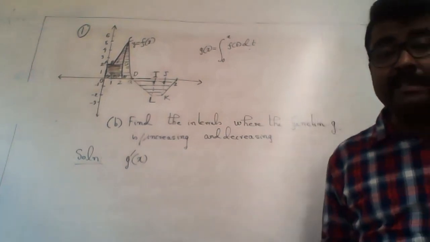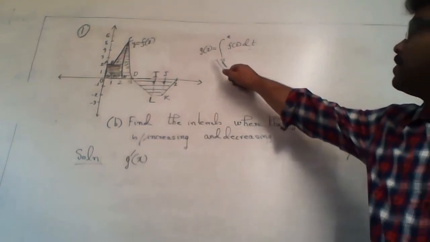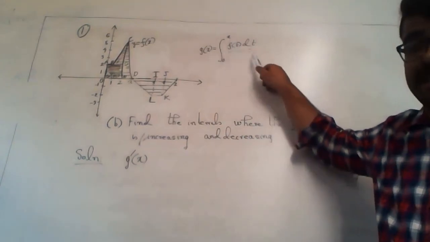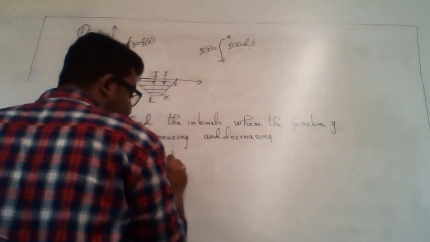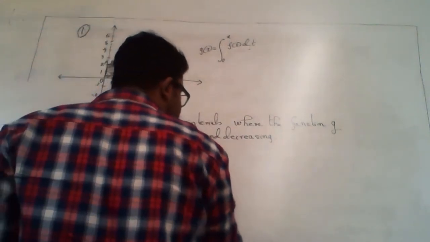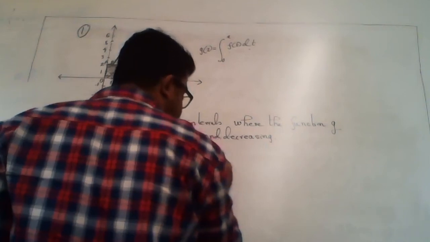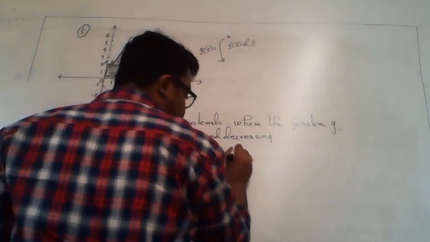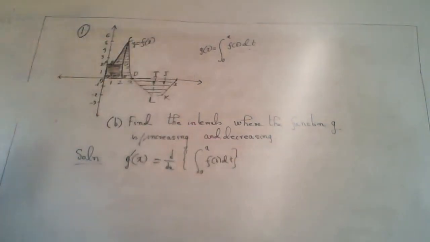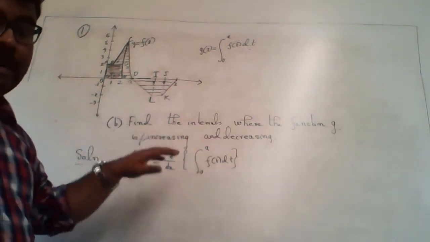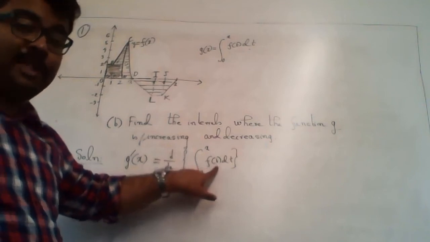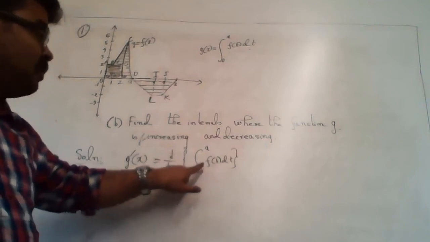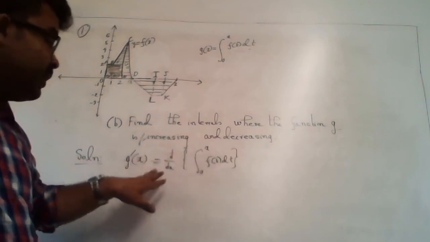Now the original function g of x is the integral from 0 to x of f of t dt. So its derivative g prime of x will be d/dx of the integral from 0 to x of f of t dt. Now you see that I am integrating the function f of t from 0 to x, then again differentiating it.